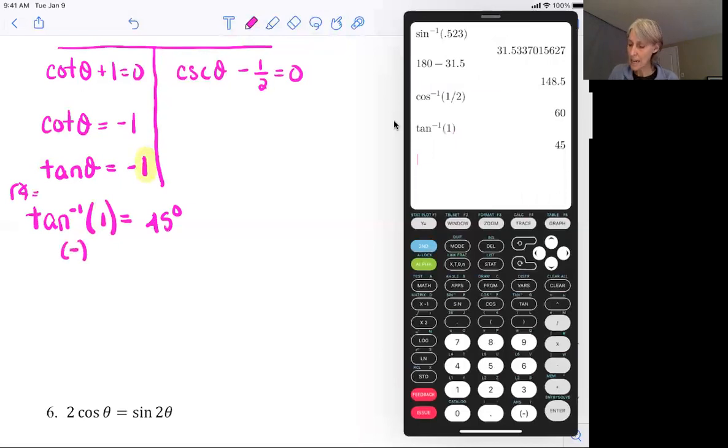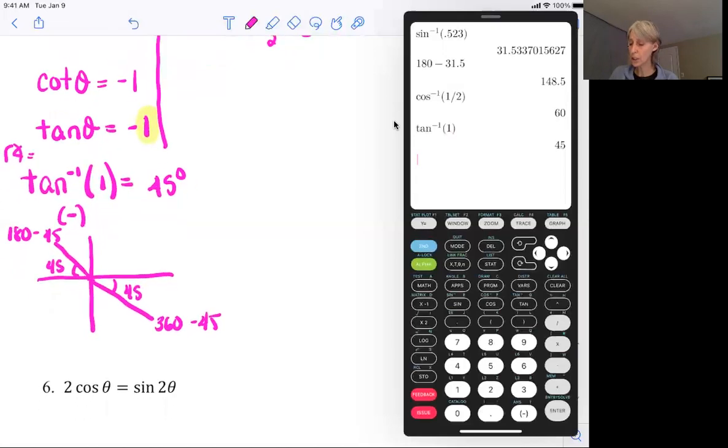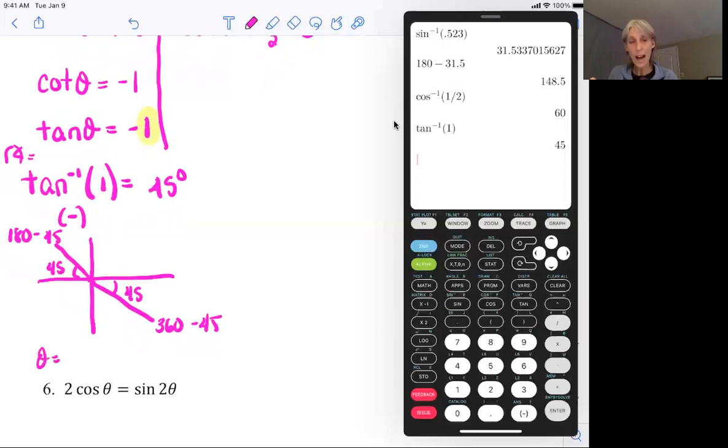Since the tangent is negative, we know we're going to be dealing with quadrant 2 and quadrant 4. 180 minus 45, 360 minus 45. So the two solutions from this factor are 135 and 315.